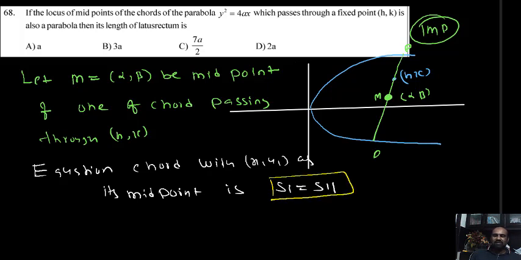S1 is y y1 minus 2a times (x plus x1), equal to y1 squared minus 4a x1.